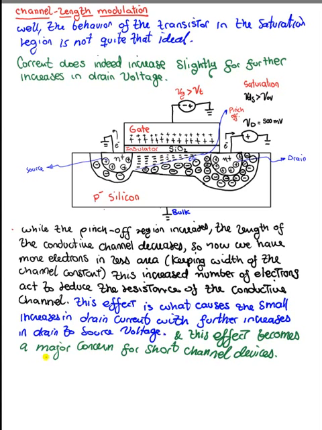Okay, so now another non-ideal effect, which is called the body effect. The question that we have to ask now is, so we talked about the drain, the source, and the gate, but what about the bulk or the substrate?